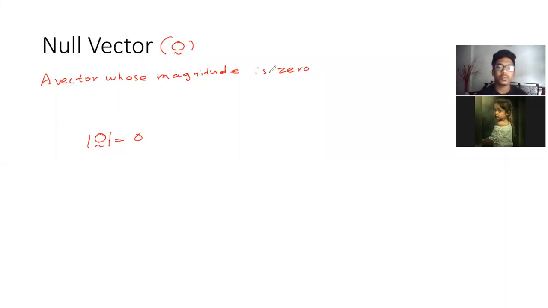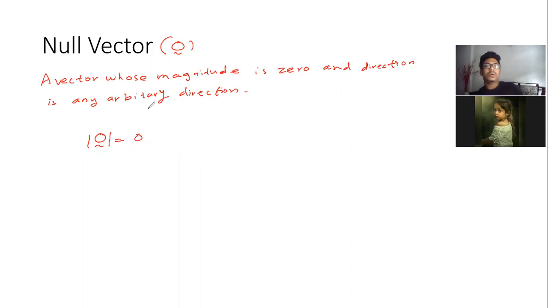So a vector whose magnitude is 0 and direction is any arbitrary direction. It can be any direction. Okay, so write down this fact and then write down a note on this.